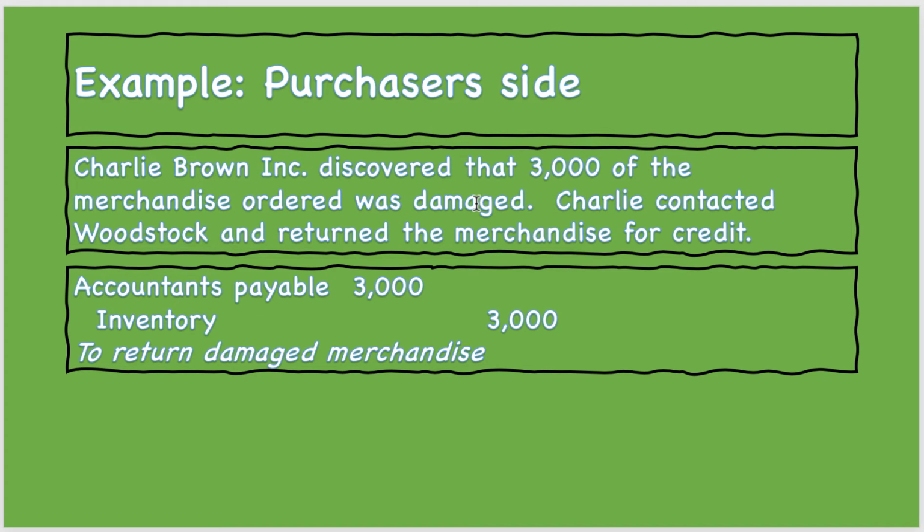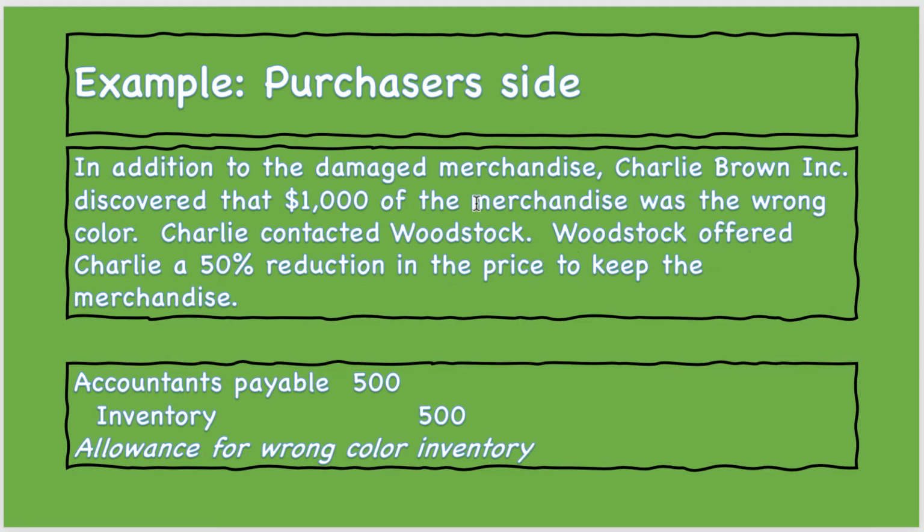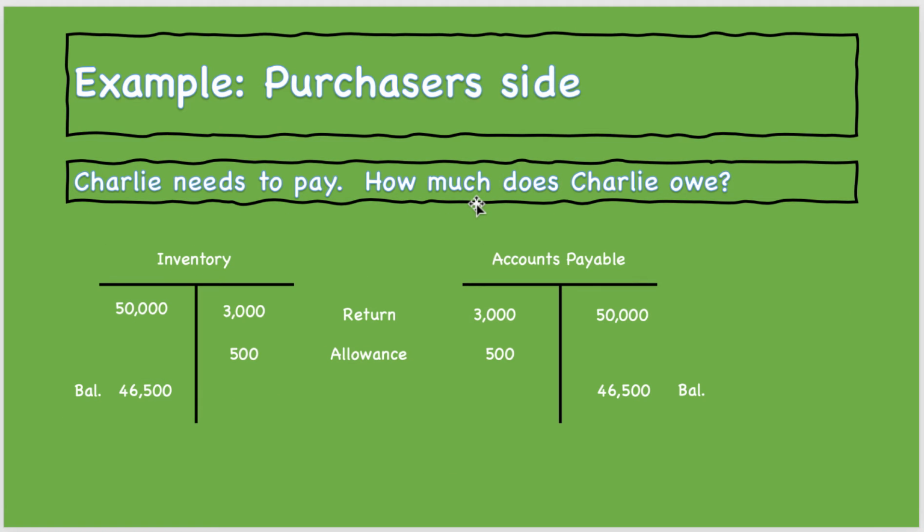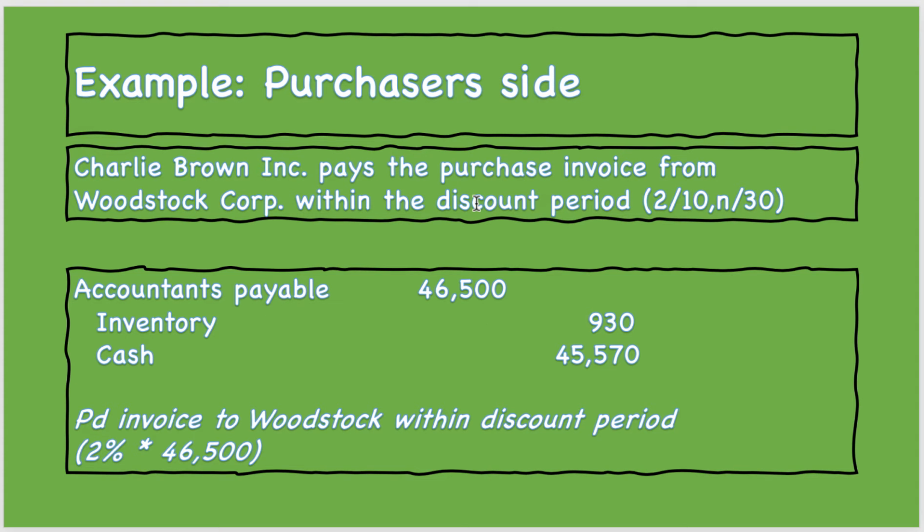I would know how to book a purchase return and what exactly is a purchase return. I would know how to book a purchase allowance. I would know how to account for the inventory balance and the accounts payable balance when we have returns and allowances.